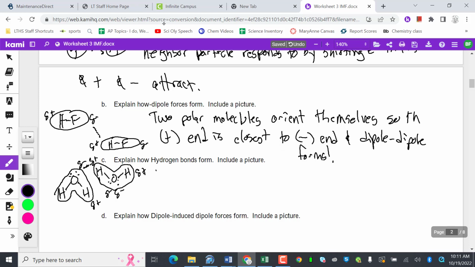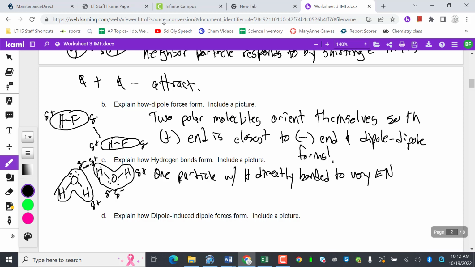So, one particle with H directly bonded to very electronegative N, O, or F is attracted to the lone pair on a different particle.